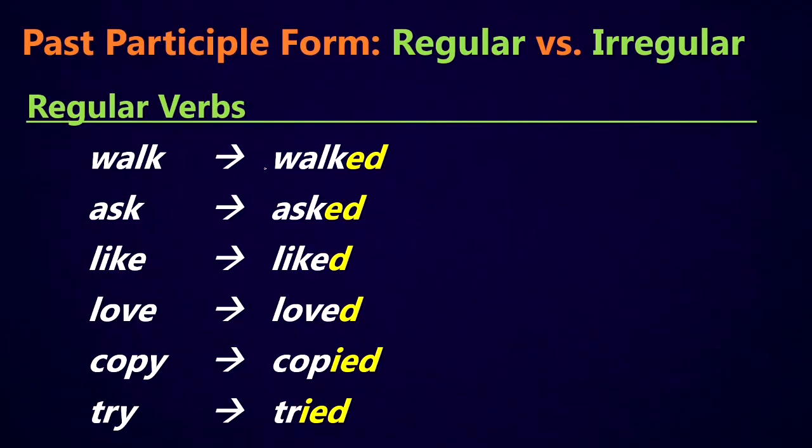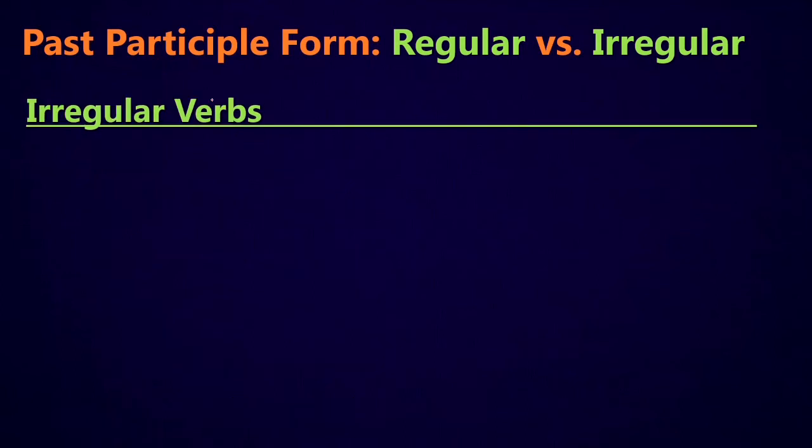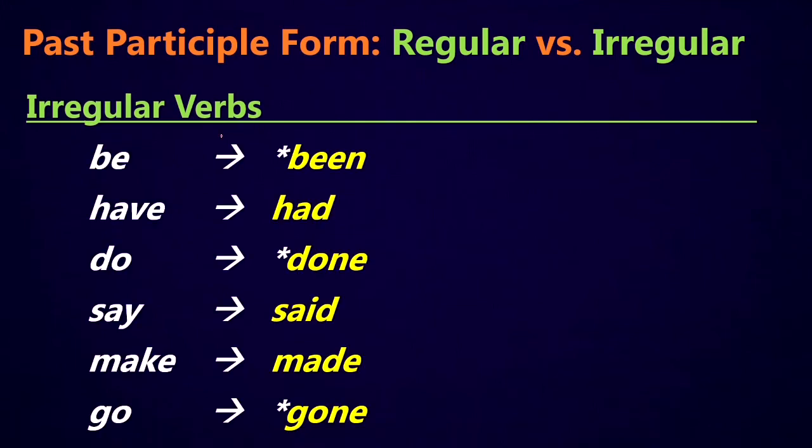So walk becomes walked, ask becomes asked, like becomes liked, love becomes loved, copy becomes copied, try becomes tried. So these are regular past participle verb forms, just like the past simple. The irregular verb forms, however, can look like either the past simple or they can take a different form. So for example, the past participle of be is been.